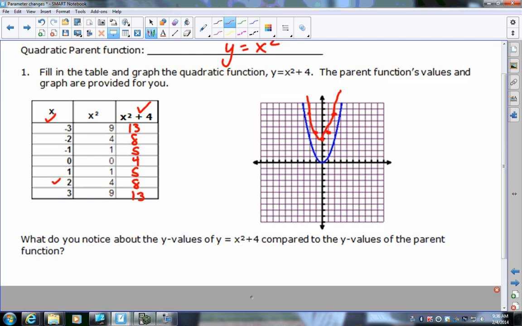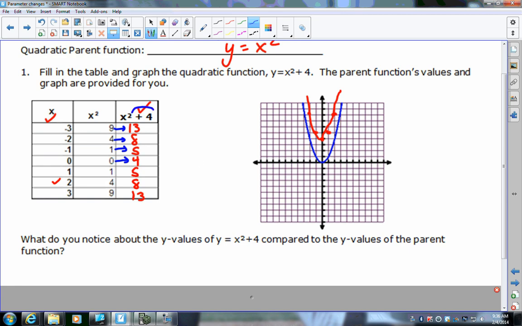From here, it says, what do you notice about the y values of y equals x squared plus 4 compared to the y values of the parent function? What has happened between 9 to 13, 4 to 8, 1 to 5, 0 to 4? How did you get from these numbers from the parent function to this new one?